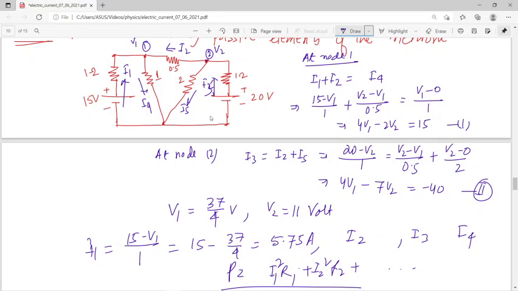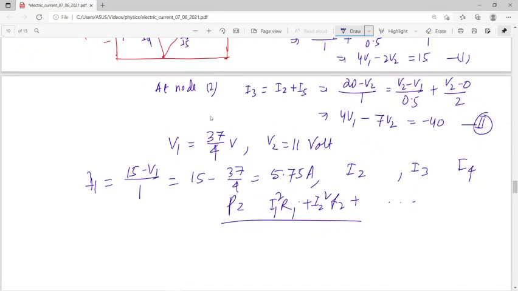The main thing to understand is that when we use KCL, the number of equations is always less compared to KVL. If you understand KCL, you can solve many problems more easily.